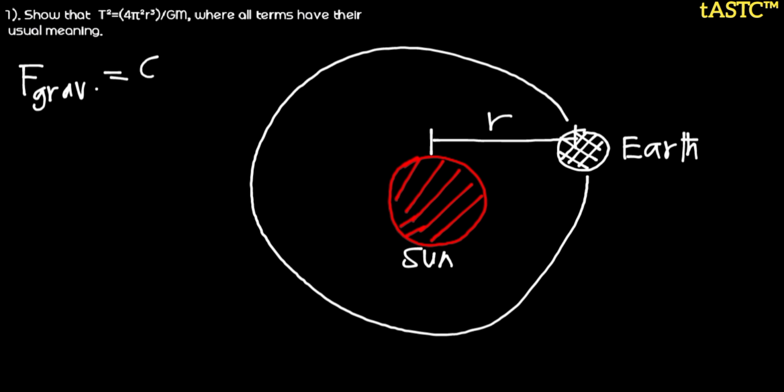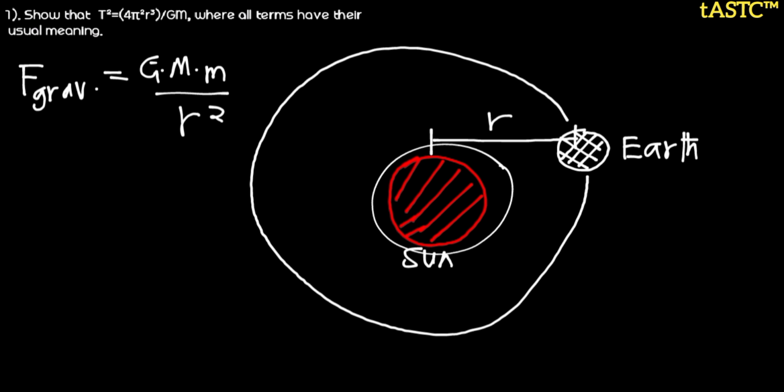You can express it as G multiplied by M multiplied by small m, and this will be divided by r squared, where the capital M is the mass of the bigger planetary body, that is the sun, and small m stands for the mass of the Earth. So this is one kind of force that we would find occurring between the sun and the Earth, because the sun will try to pull the Earth inwards.